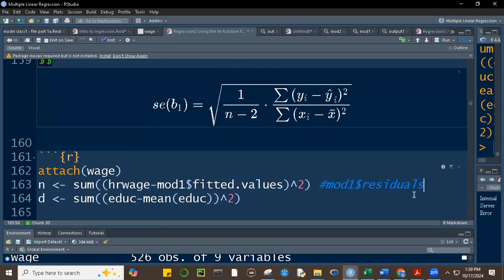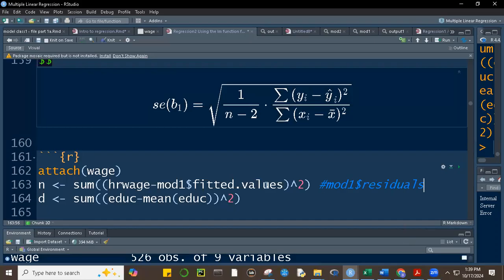Mod 1 residuals is your residuals. I'll just square this. But this one, what I did was to get hourly wage, which is y sub i, minus this one, your fitted value. And I had to attach wage here so that the code will recognize that hourly wage is coming from wage. So you can see plenty of ways to do this.